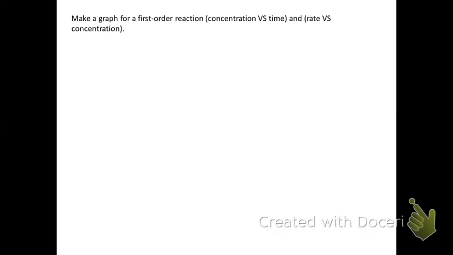So let's look at a first order. Alright, first order, it's a little bit more complex because we have our rate equation: rate is equal to K A to the first order.